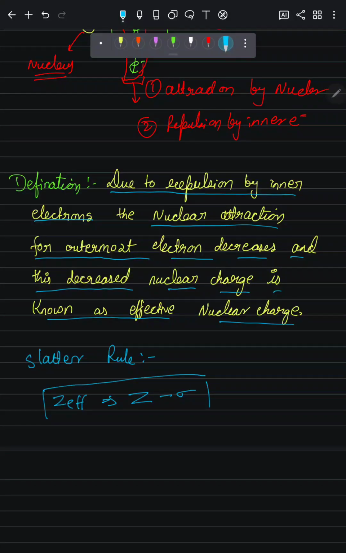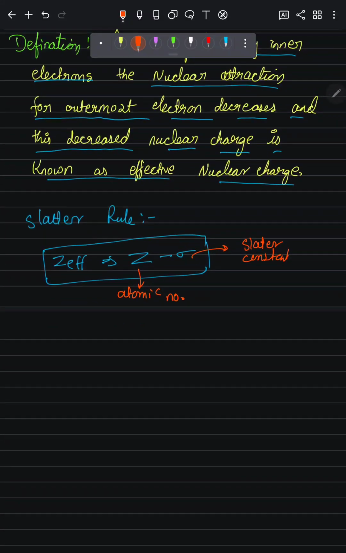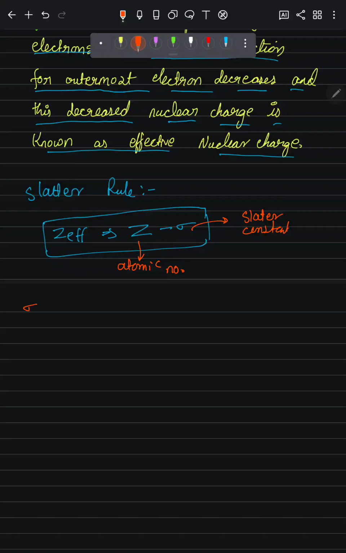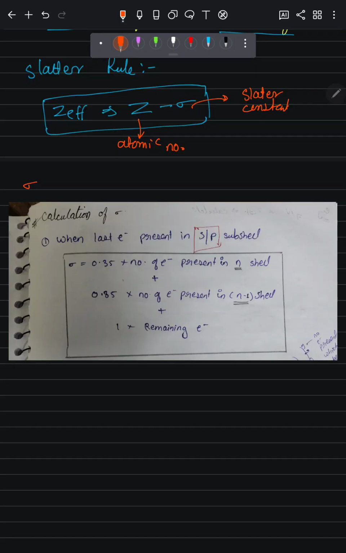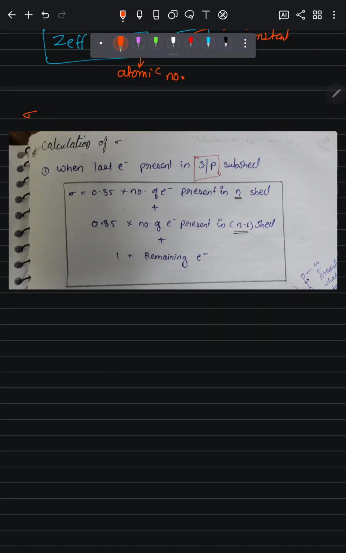This is the formula for the Slater rule, where Z is the atomic number and sigma is the Slater constant. For calculating the value of sigma, we use some method. So this is the formula for calculation of sigma.